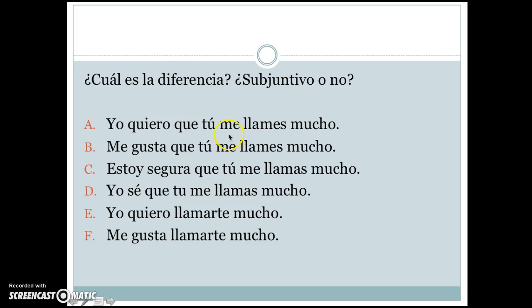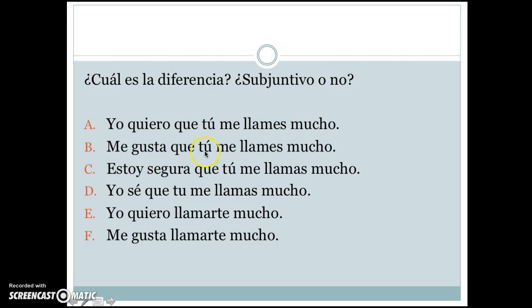So here, let's look at these. What is the difference? In A, we have yo quiero que tú me llames mucho. Well, here we have I'm doing the wanting, that you call me a lot. Just because I want you to call me doesn't mean that you will. That's uncertain. We have two different clauses, two different subjects, so we use the subjunctive of llamar, llames.